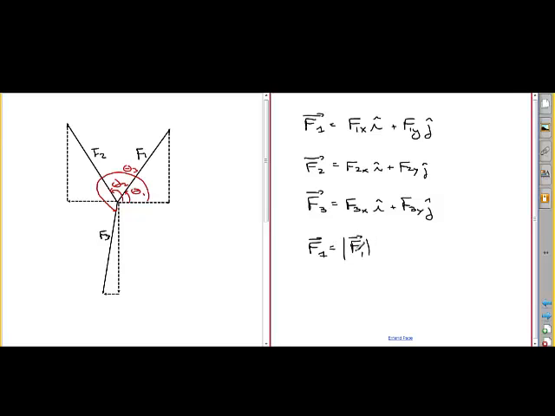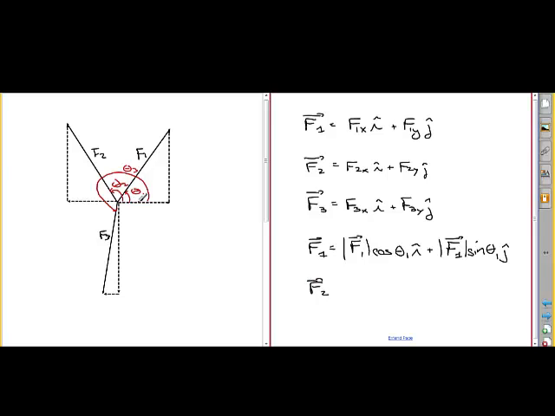That's a vector magnitude, a length, times the cosine of theta 1 i plus the magnitude of the force vector F1 times the sine of theta 1 j. And you could do that for the second.